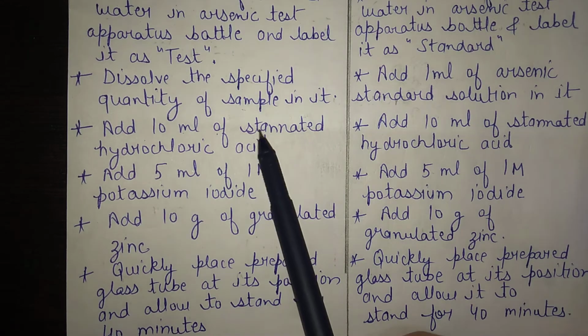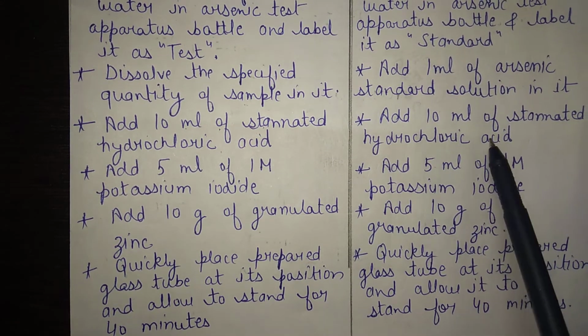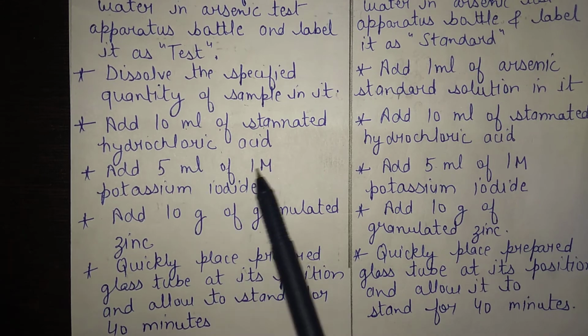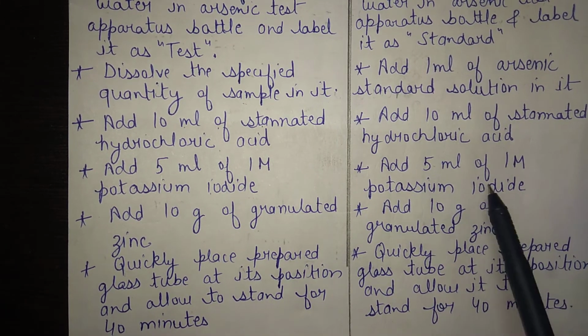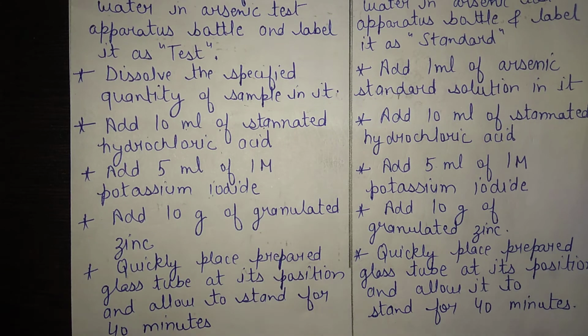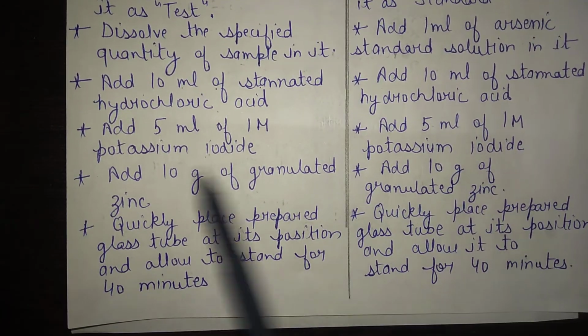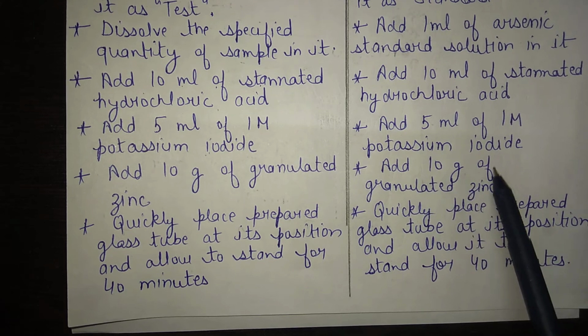Add 10 ml of stannated hydrochloric acid, and add 5 ml of 1 molar potassium iodide. This potassium iodide is to facilitate the conversion of arsenious acid into arsenic acid. Now add 10 grams of granulated zinc.